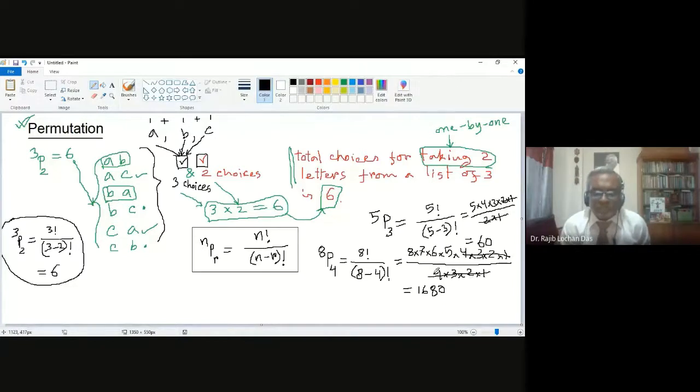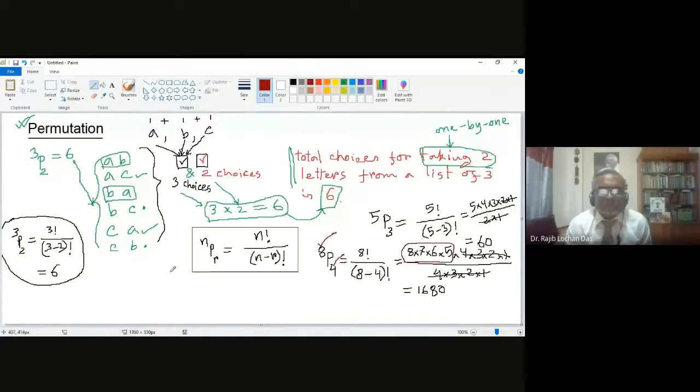What we can see, another thing here: every time you are cancelling the 4321 or 21, like that. So you are having only this part, 8, 7, 6, 5. This part means you have only 4 numbers included. You start from the original number, the big one, and you write the lower number of numbers one by one.